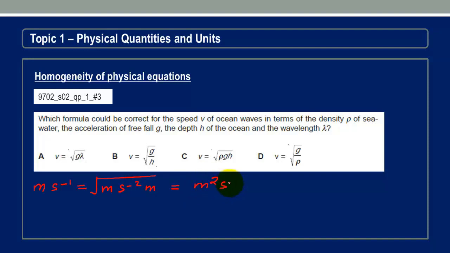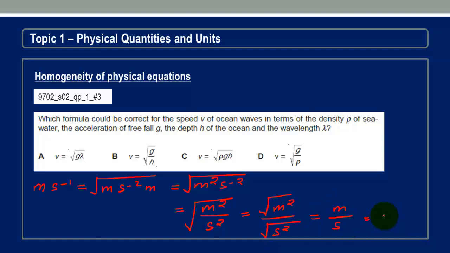And then we've got per second squared, and then there is this square root. We realize that this is like meters squared divided by second squared and then square root. We further break this one down as square root of meters squared divided by the square root of seconds squared. And obviously this one is meters divided by seconds, which is meters per second.